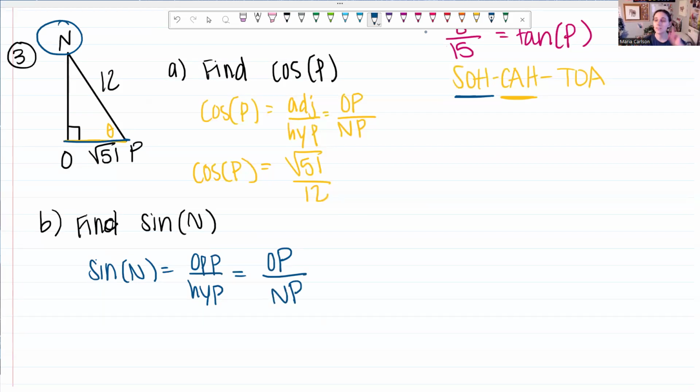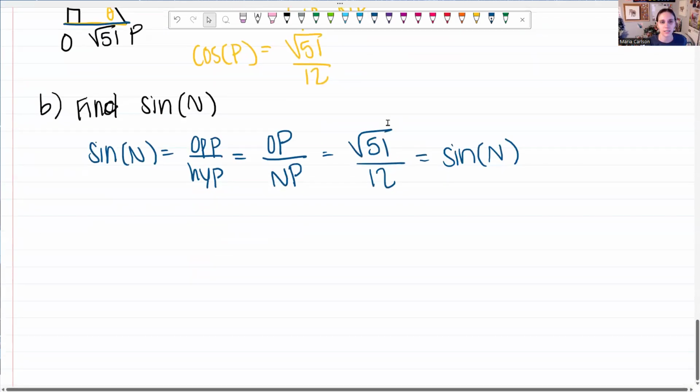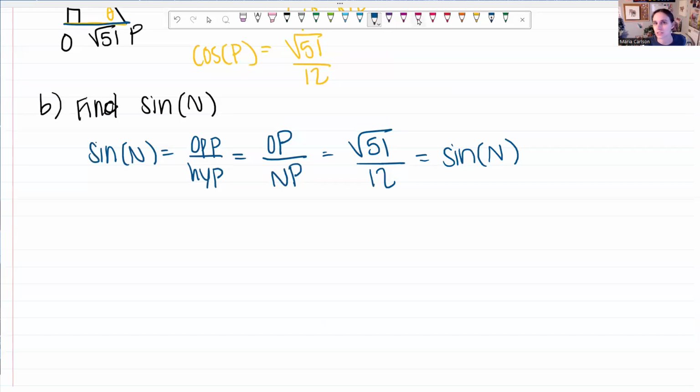So the sine of the other angle seems like it's the same thing as the cosine of the first one we found, right? The sine of N seems like it's the same as the cosine of P, which is an interesting observation to keep in our back pocket. OP is the square root of 51, so the square root of 51 over 12 is equal to the sine of N. We could write that as a decimal if we wanted to, but I don't think I need to because that fraction works.